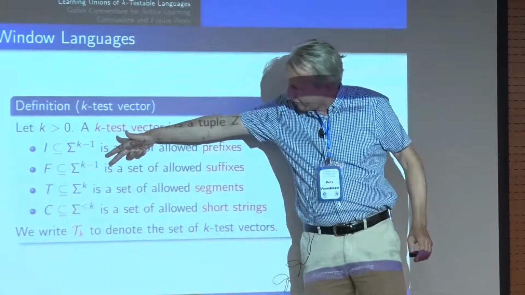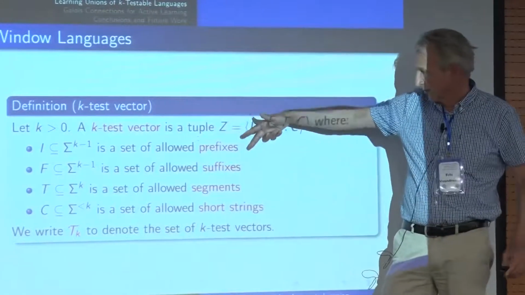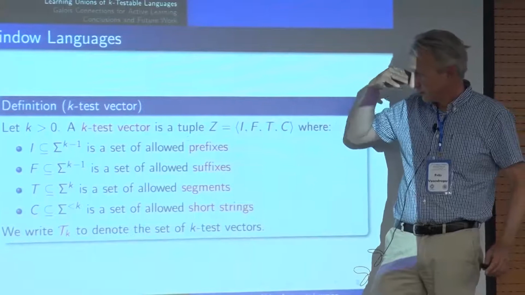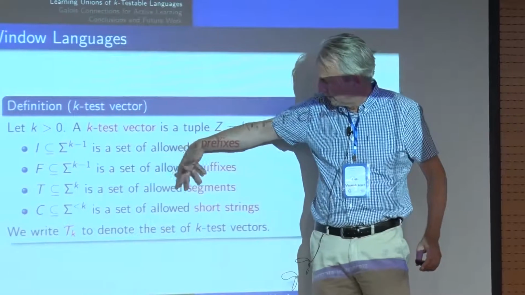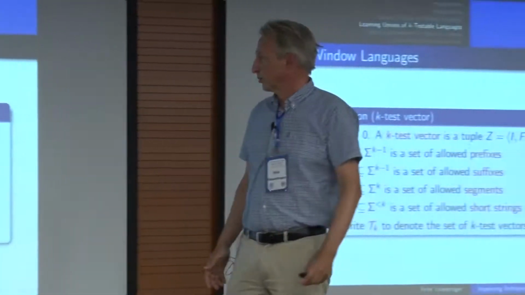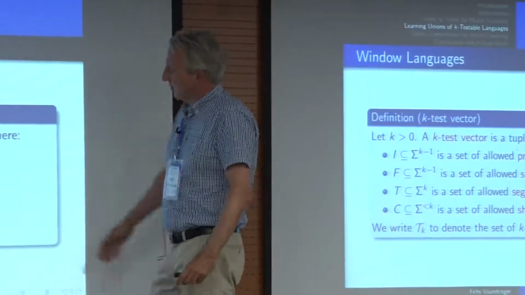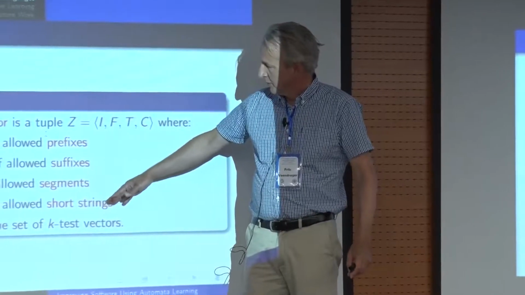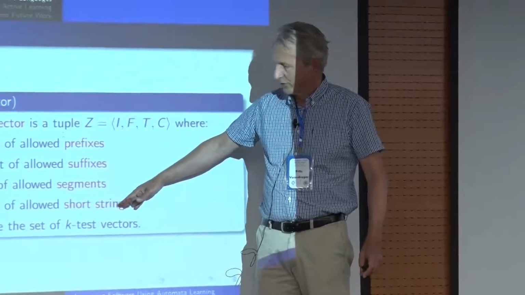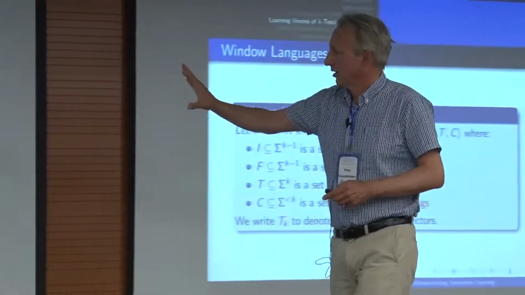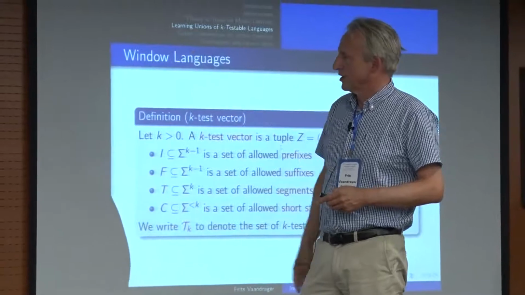You have a set of allowed suffixes, sequences which may occur at the end of the word, and you have a set of sequences of length k which may occur at any point in the middle of the word. And then, because these are all sequences of length k minus 1 or more, we also have a set of short sequences that are allowed. Okay, so this fully specifies a window language.